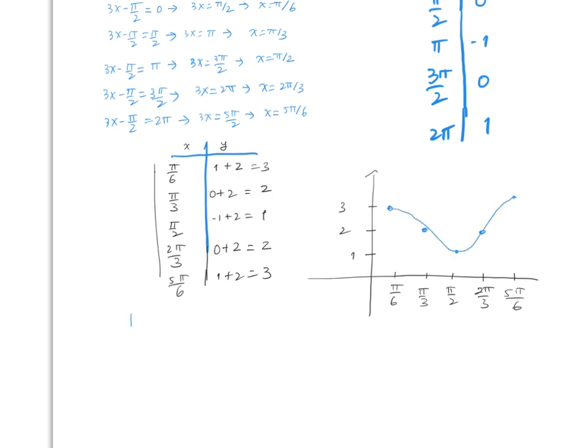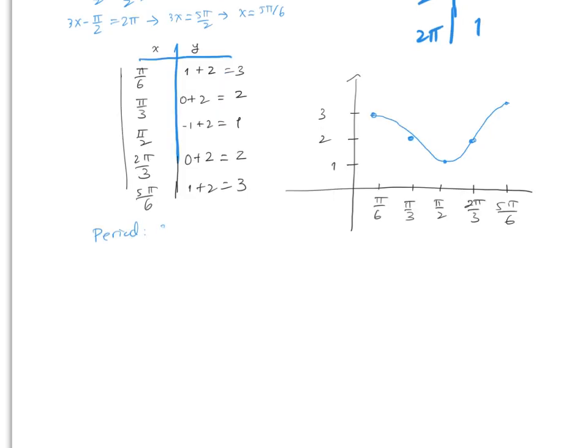From here you can see that the period is 2 pi over 3, and the shift is pi over 6. You can see that either from here, this is the shift, or remember that you have 3x minus pi over 2.